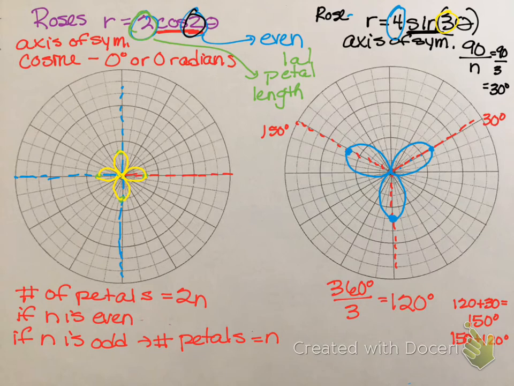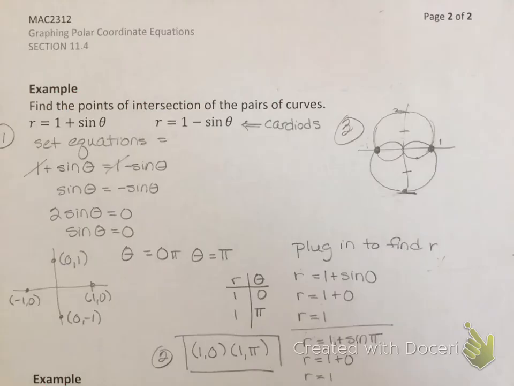Okay, so far what we have done for polar graphing, if you had a good pre-calc teacher, you know every single bit of what I have discussed so far. The last thing that we need to talk about in this particular section on graphing polar equations is to figure out the points of intersection of pairs of these polar graphs, because in the next section, we are going to begin learning how to find area within these.